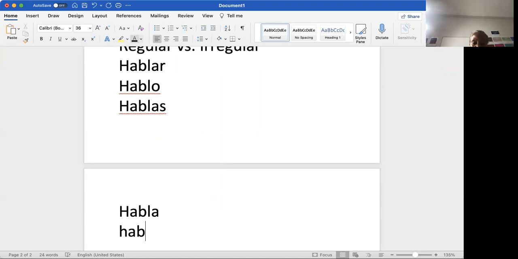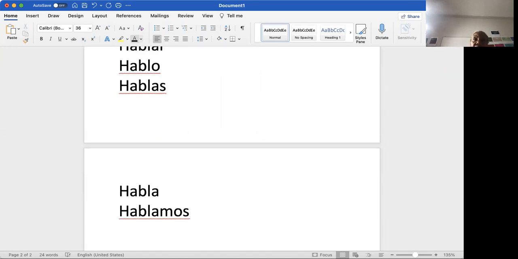Then you have the nosotros, which is the we. You have the amos. Then you have the they. Now, they in Spanish can be they, masculine or mixed group. They can be all feminine. And then you have the you. Now, you in Spanish can be plural also, and it's hablan.